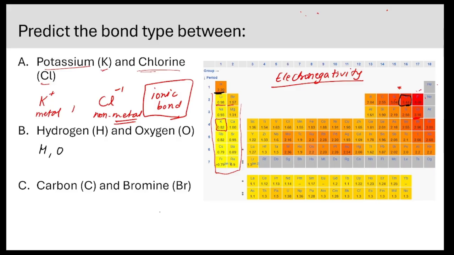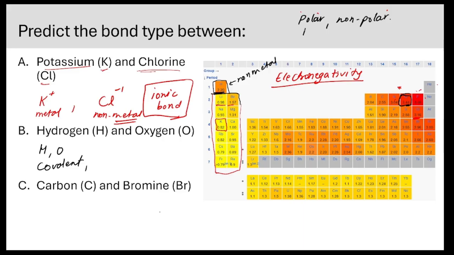Like we said, even though hydrogen is in group 1, this is an exception, and this is not a metal, this is a non-metal material, and oxygen is also non-metal. The chemical bond between non-metal and non-metal is covalent. And for covalent, we also had polar and non-polar.